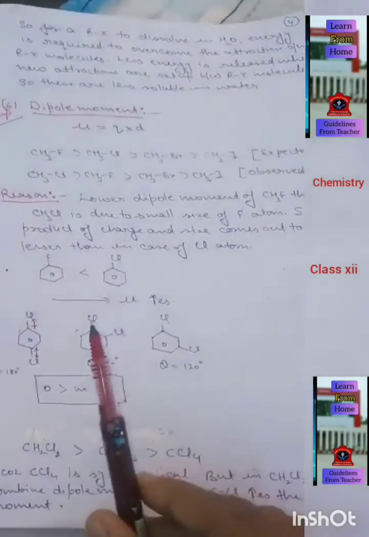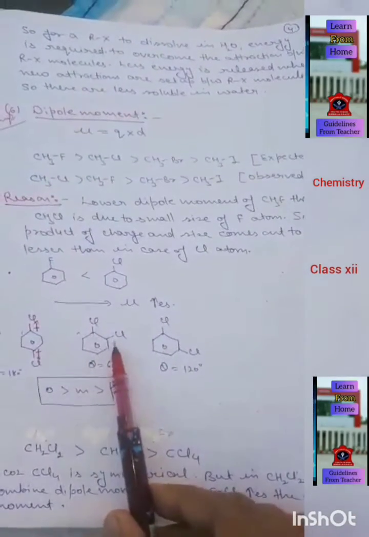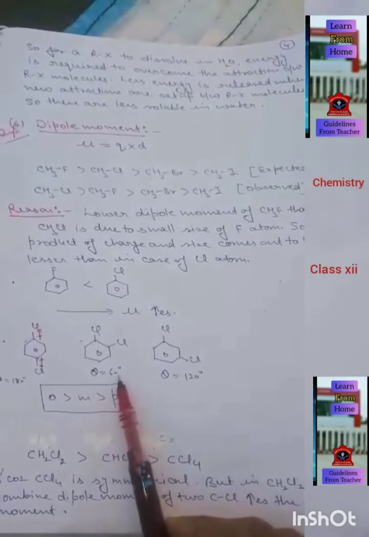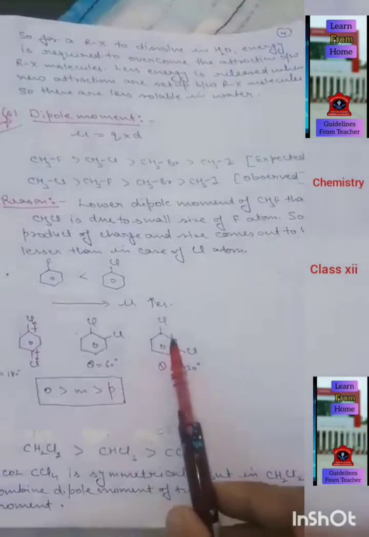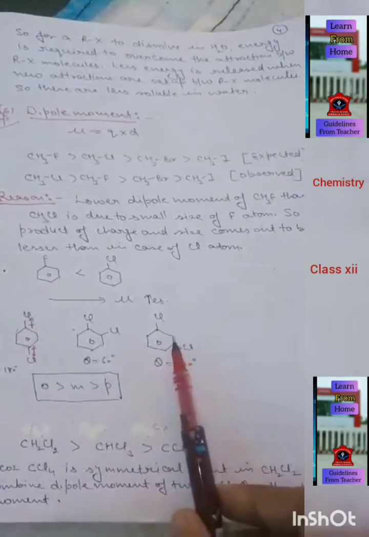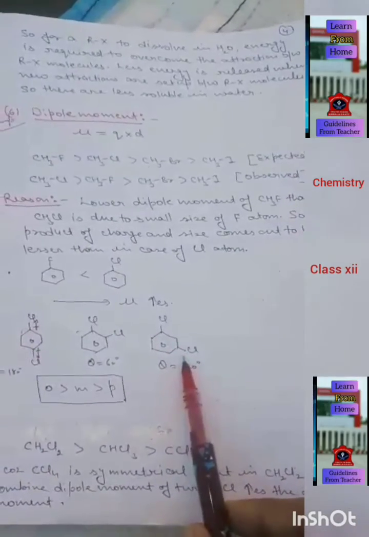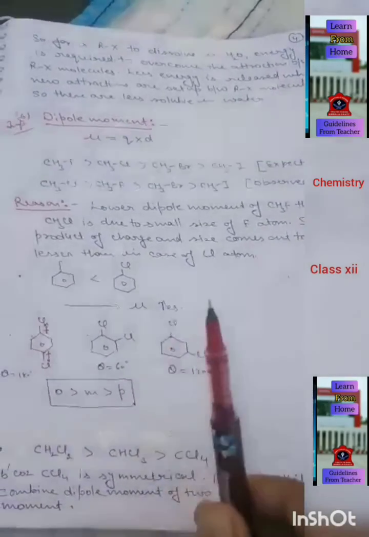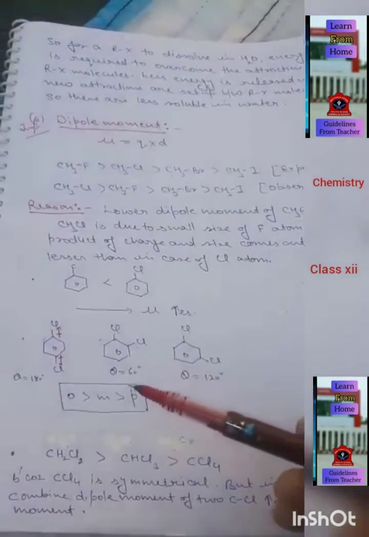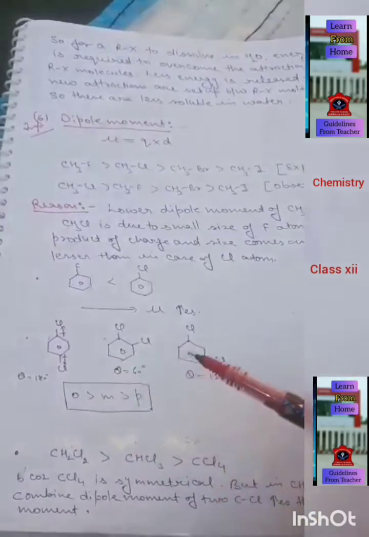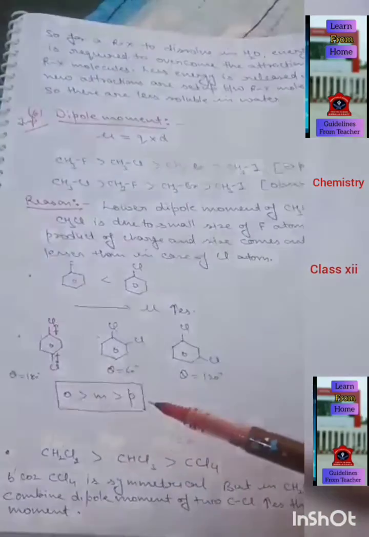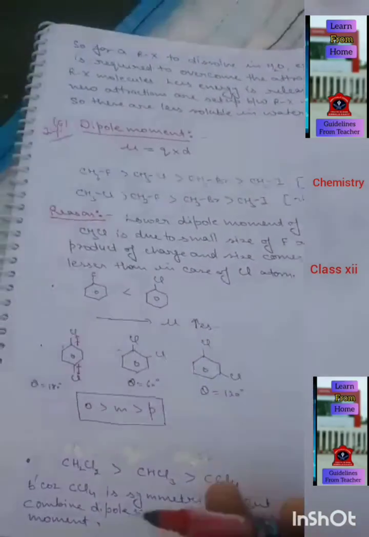But in case of 1,2-dichlorobenzene, theta is 60 degrees and cos 60 is 0.5, whereas here the angle is 120 and cos 120 is minus 0.5. So the dipole moment of the ortho isomer is higher as compared to meta, and para, due to symmetry, has the lowest dipole moment.